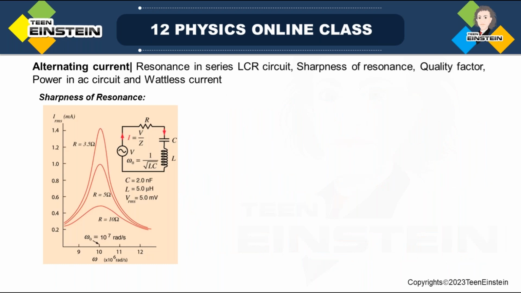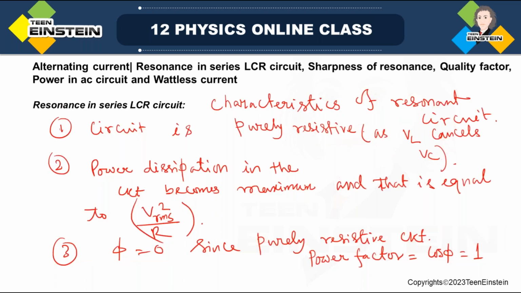One more good point I'll tell you here. At the resonance frequency alone, the series resonance circuit is also called an acceptor circuit, because when you feed a number of frequencies to the circuit, it accepts the power only at the resonant frequency.